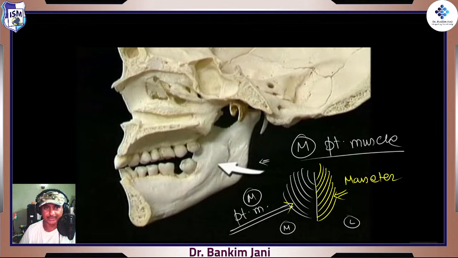These four fantastic muscles, right? So this is opening. What we said is that it is by gravity and the lateral pterygoid muscle, right? That is for opening the mouth. So one, gravity. Second, lateral pterygoid muscle.